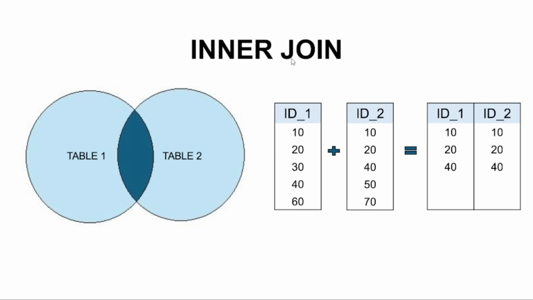When you perform inner join between both of these tables and fetch both the columns in the output, you will see only common data. The common data present between both the columns is 10, 20 and 40. So you won't be able to see 30 and 60 from ID1 and 50 and 70 from ID2.